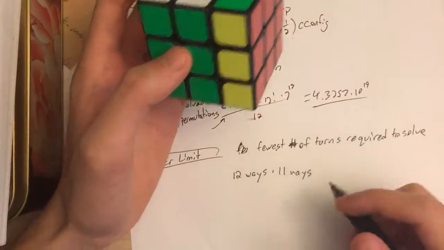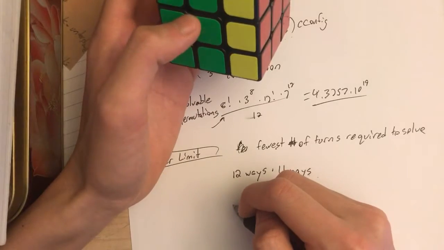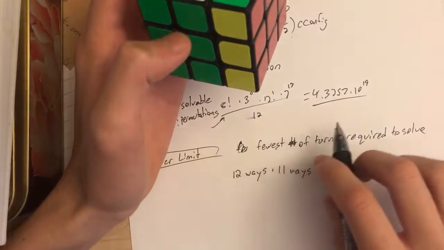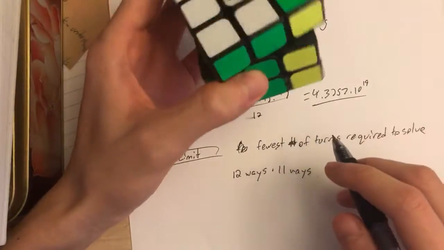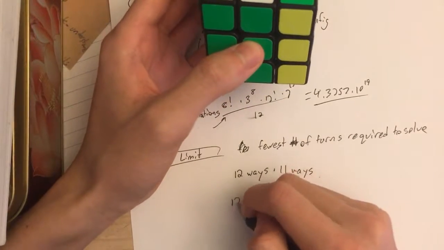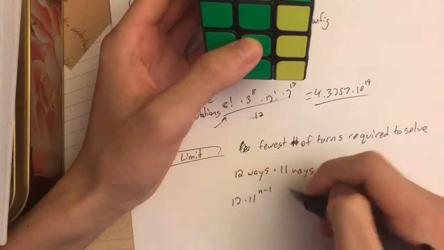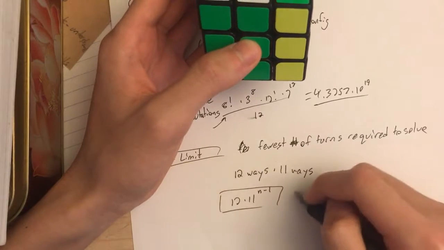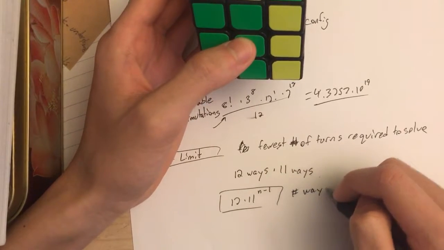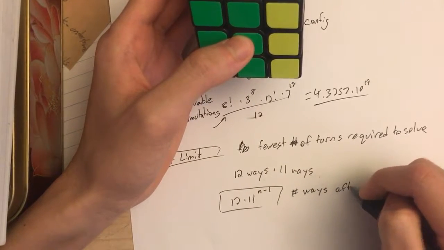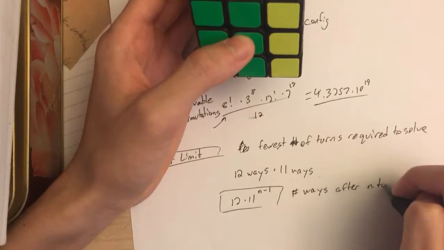And so the number of ways that you can get from turning the cube n times is 12 times 11 to the n minus 1. So this is the number of ways you can get after n turns.